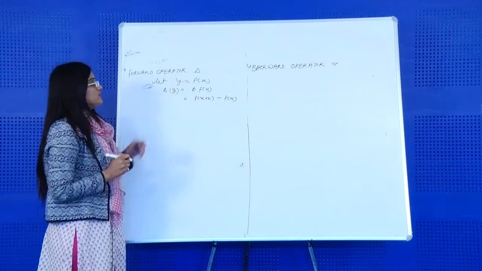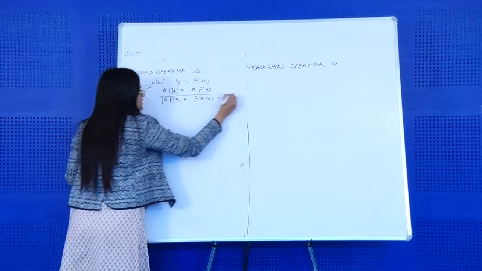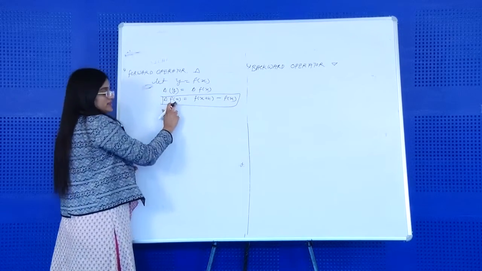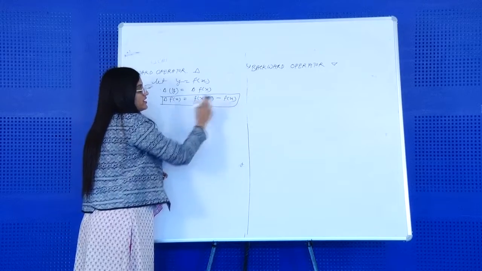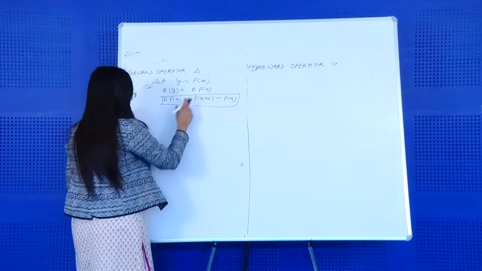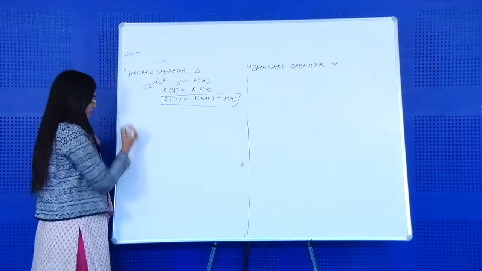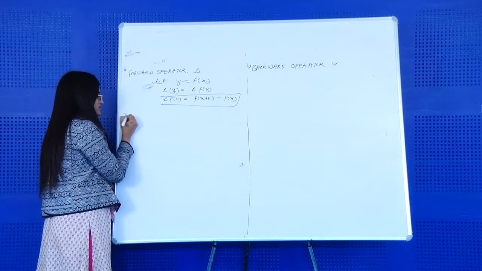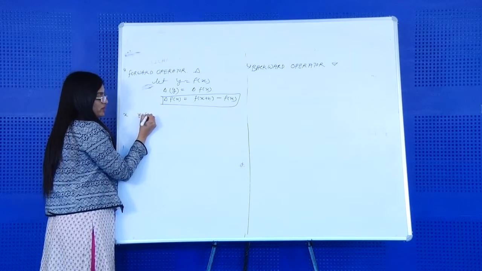The definition of the forward operator is that delta of f of x is the difference between f of x plus h and f of x. I explain this definition with a table. For that I need some x and corresponding y values, where y equals f of x.